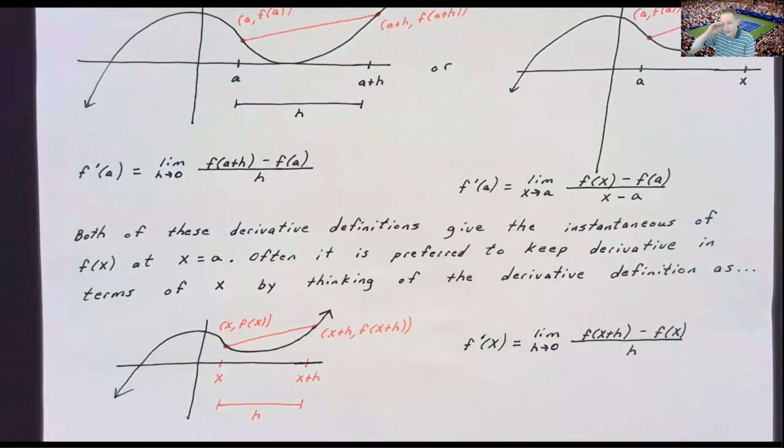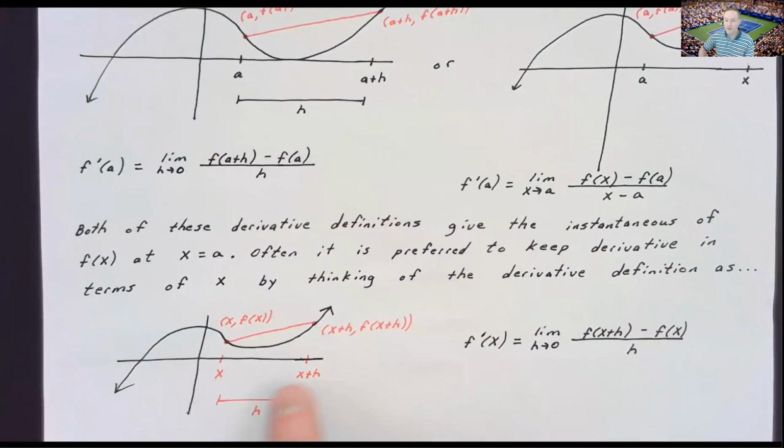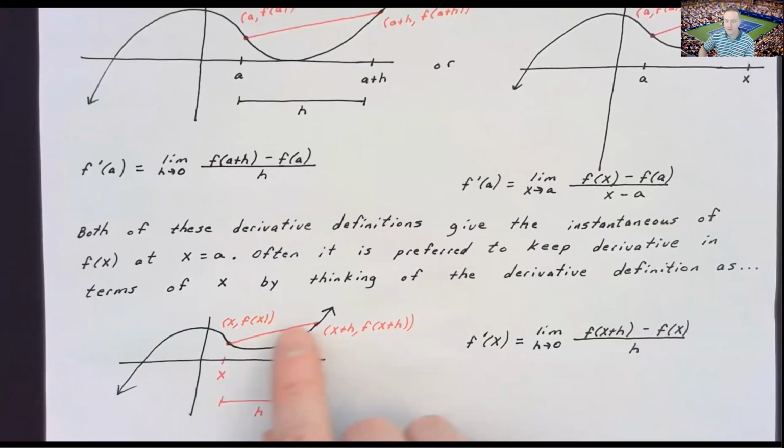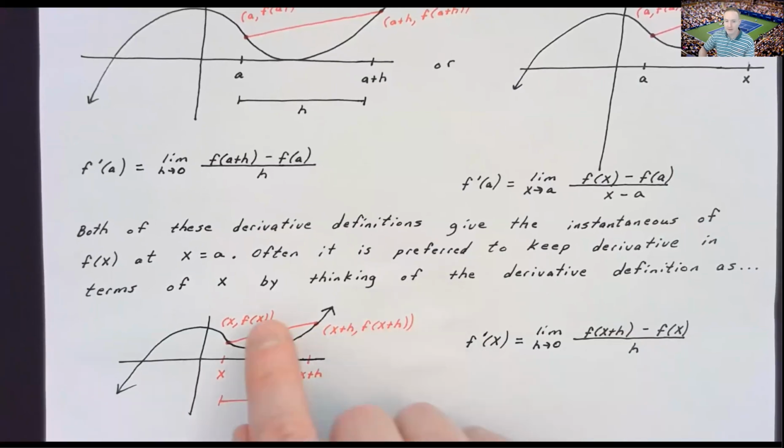Well, we can do that if we just say, if I want to keep this derivative in terms of x, why don't I call the point of interest some arbitrary value x? The point to the right of it, x plus h. And then you can say the slope of the secant line connecting the first point to the second point would be f of x plus h minus f of x, divided by the x values, which have a distance, again, of h units.